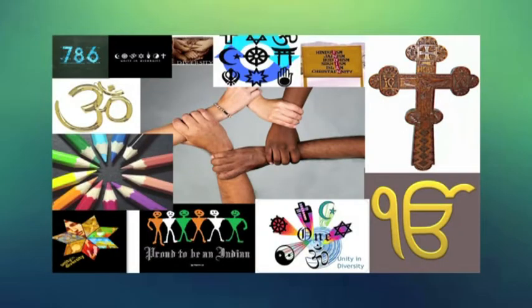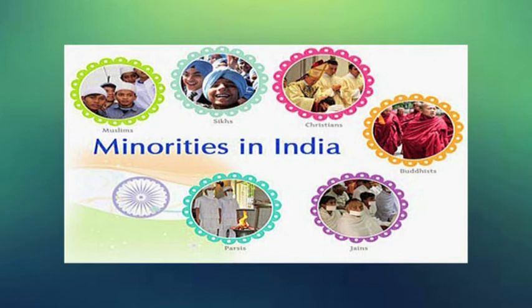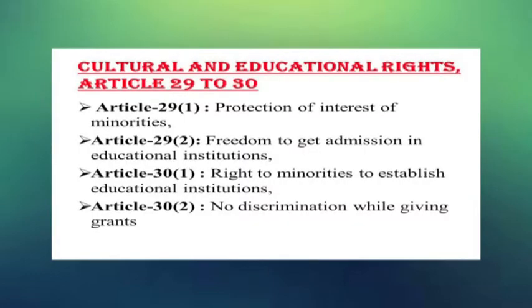In order to achieve unity and integrity of the country and to allay any fears of the minority communities, Article 29 and Article 30 were provided as protection against cultural hegemony of the dominant groups.